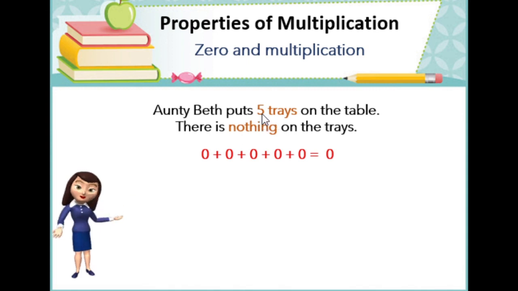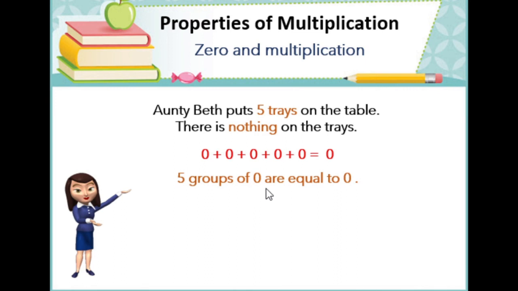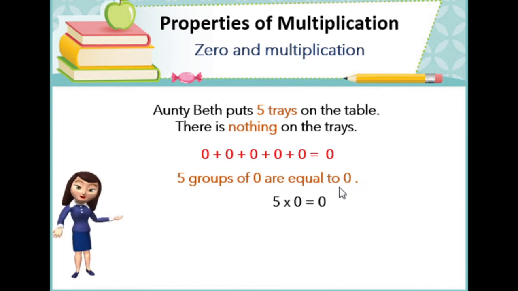So, we put 5 zeros. Now, it becomes 0 plus 0 plus 0 plus 0 plus 0 equals 0. 5 groups of 0 are equal to 0. In multiplication form, it looks like this. 5 times 0 equals 0.